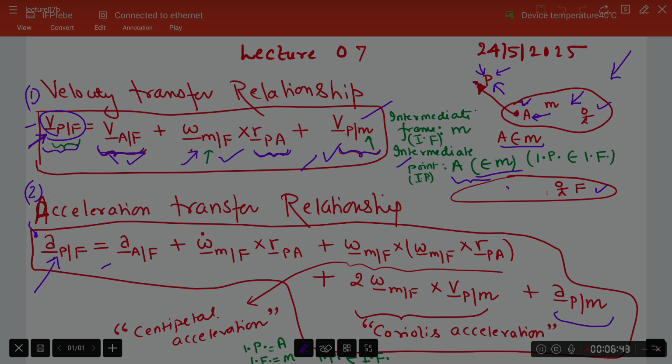This is similar to what we had in the velocity transfer relationship. On the left hand side I had VPF and on the right hand side I had VPM. So the transfer is happening from VPM to VPF. Likewise, in the acceleration transfer relationship, one may view the relationship as the information about APM being transferred to eventually arrive at the value of APF.